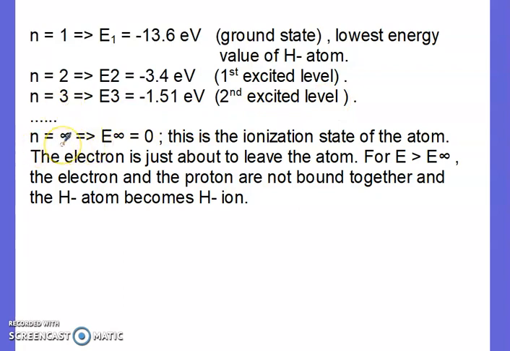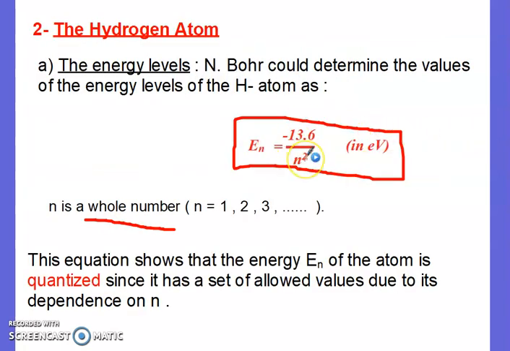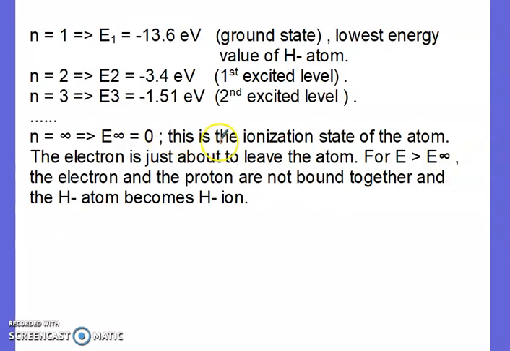Notice here, for n equal to infinity, replace here infinity, number over infinity squared equal to 0. Then the energy of the atom becomes 0, right? So this is called ionization state, or ionization energy level. But what does this mean? Means no more attraction between the electron and the proton of the atom. You know, H atom or hydrogen atom is the simplest atom.